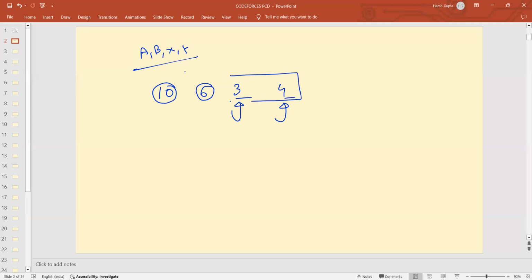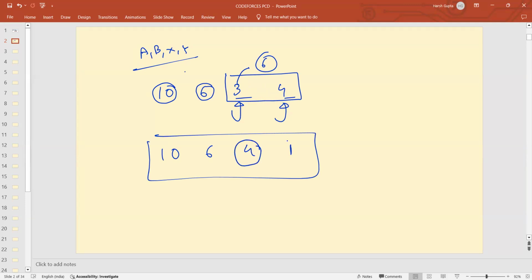Since Chef is scoring fewer goals than Chefina, Chef will get 6 gold coins. Similarly, if X and Y were 4 and 1, Chef is scoring 4 goals, Chefina is scoring 1 goal. Chef is winning the game and the winner is getting 10 gold coins. So in this case, Chef would receive 10 gold coins.